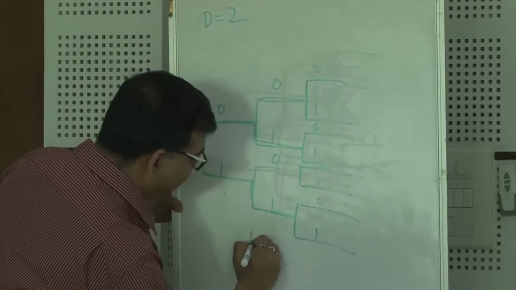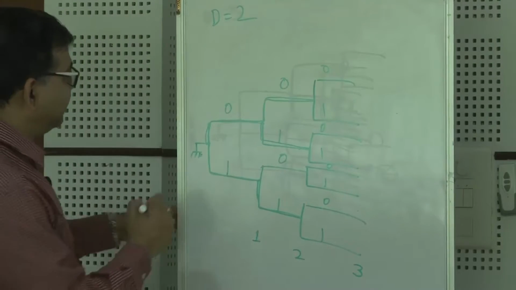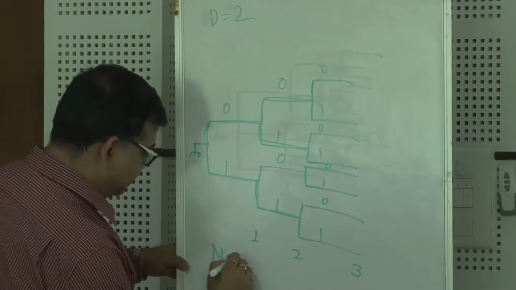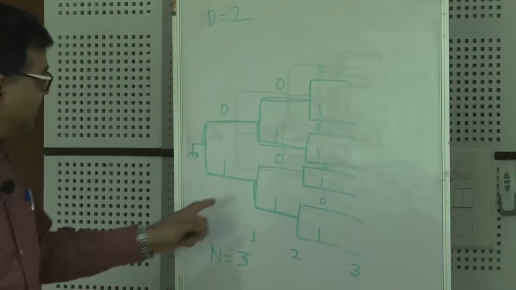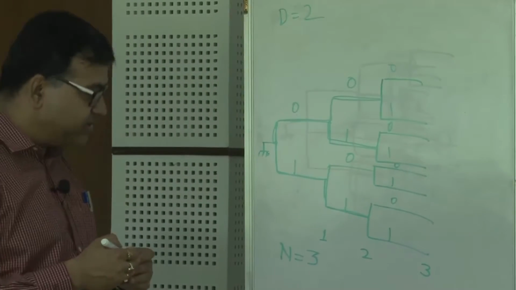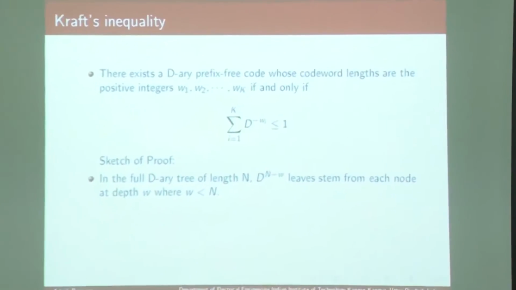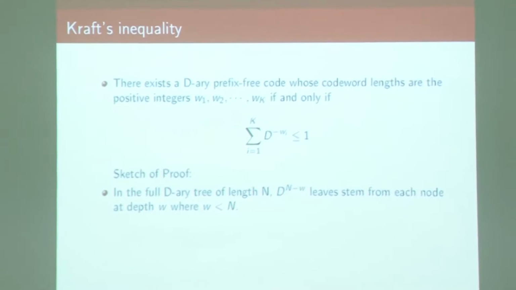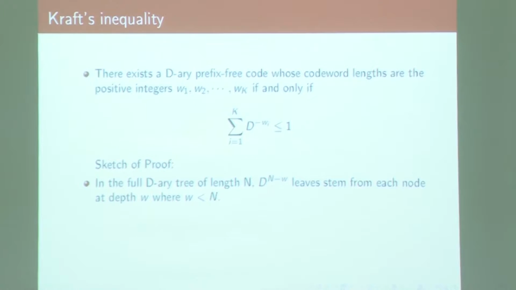This is depth 1, this is depth 2, this is depth 3, right? And here n is 3, we have drawn a full tree up to depth 3. So the point I am trying to make is, if you have a full tree of length n, D raised to the power n minus w leaves stem from each node at depth w.